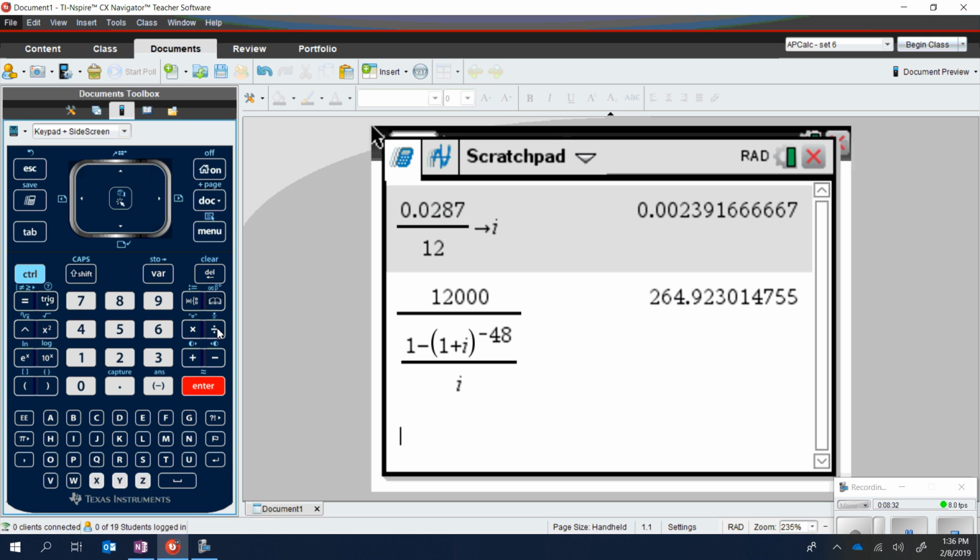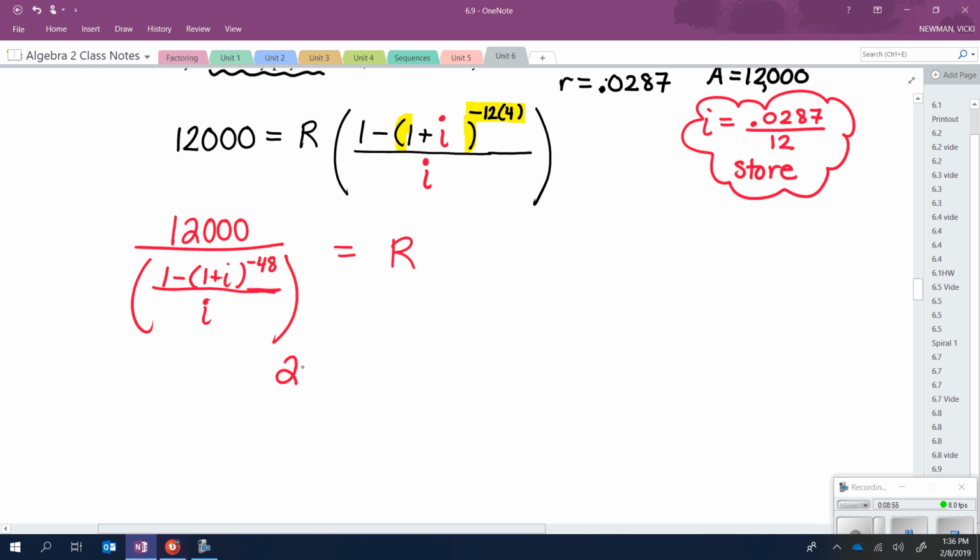If it doesn't come up bold, that means you didn't store it properly. So, how much are Emily's payments? $264.92.